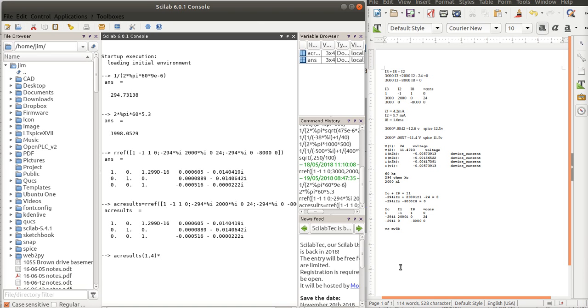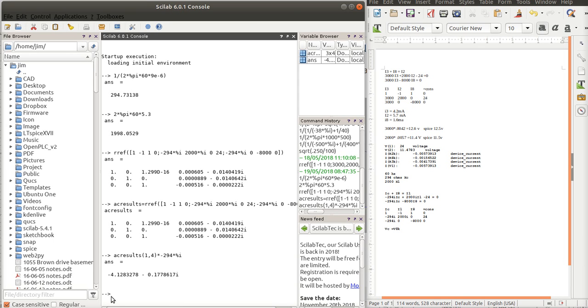Times a minus 294 times percent i. And that gives me a voltage of 4.12 with an imaginary component.